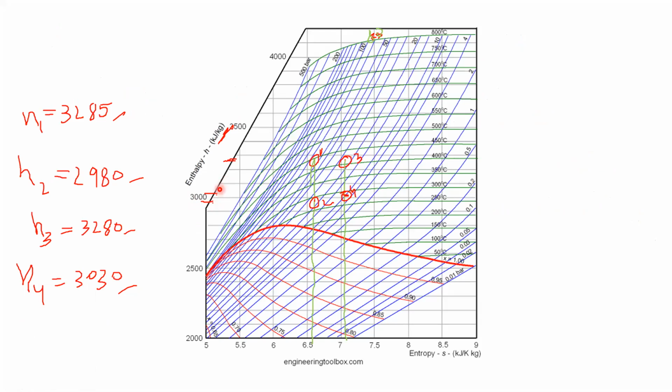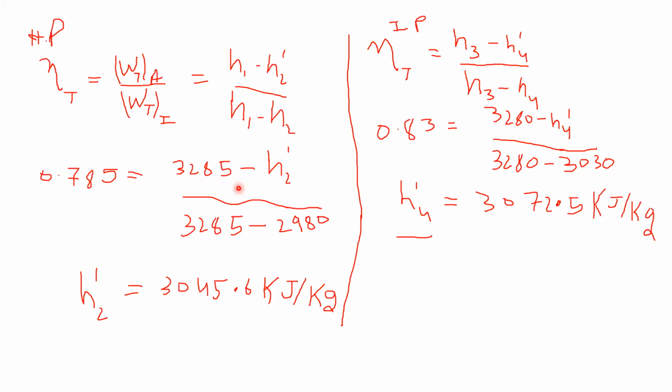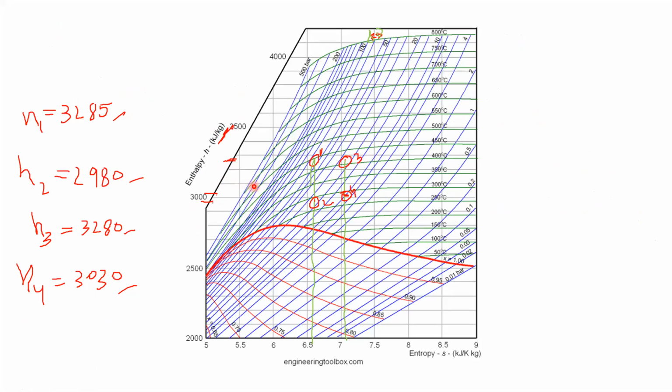This is the 3000 and this is the 100. This is where we have the 3072.5, approximately at this position, at a 10 bar pressure. 3072.5 kilojoules per kg of enthalpy is there at this position.